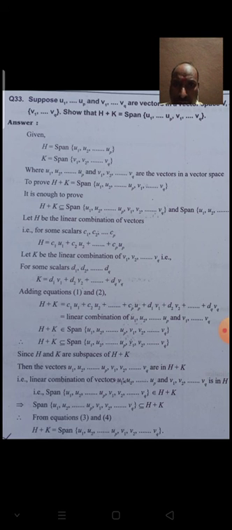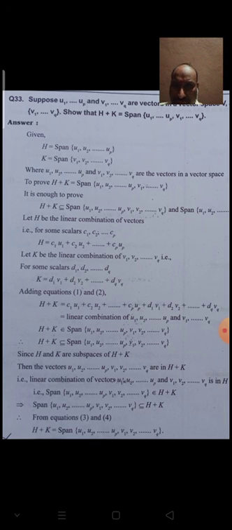Let K be the linear combination of V1, V2, and so on VQ, that is, for some scalars D1, D2, and so on DQ, K equals D1 V1 plus D2 V2 plus and so on plus DQ VQ.